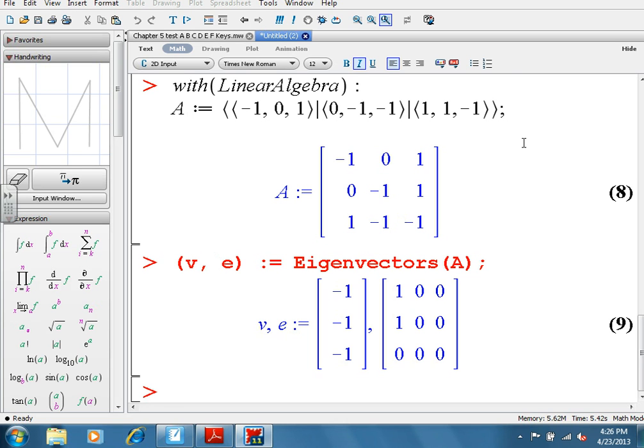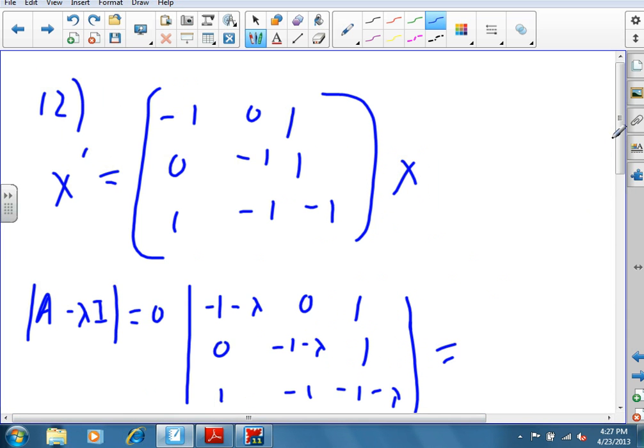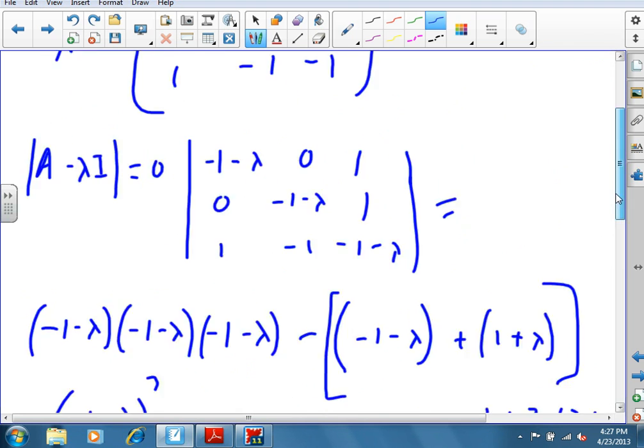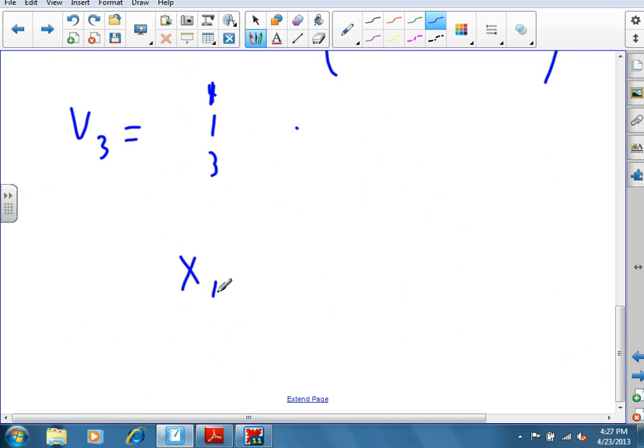Yeah, I don't think that's right. If Maple's right, then that would mean that our answer is x1 is equal to c1 e to the minus t, and x2 is equal to c1 e to the minus t.